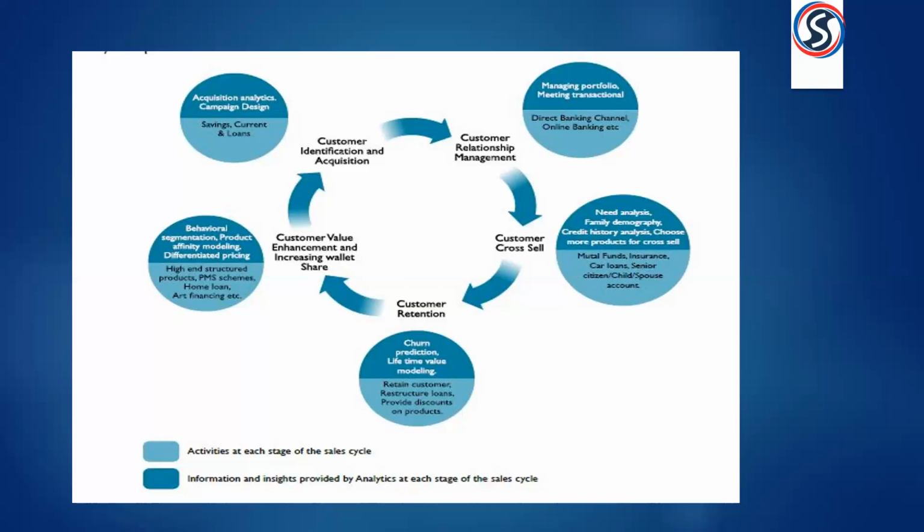So what is the family demography, what is the credit history analysis, what is the credit score of that person? What is the credit score based upon? If you have taken some loans and you're paying your EMI on time to the bank, then your CIBIL score is perfect, right? It will rise.